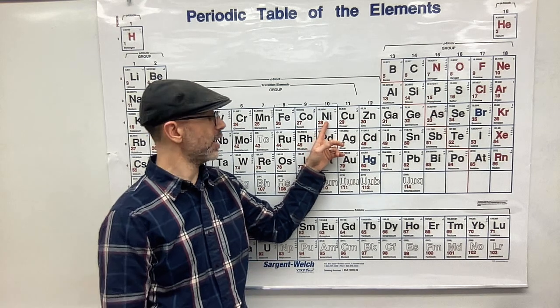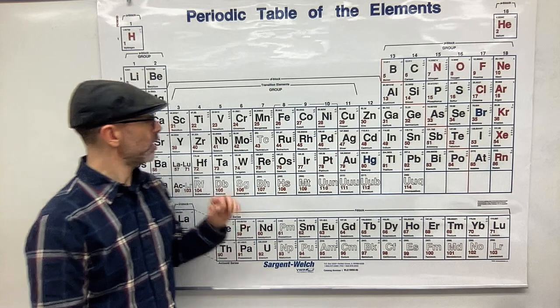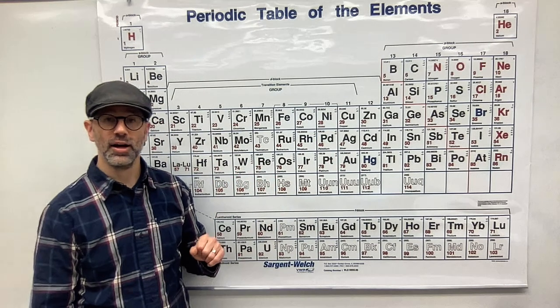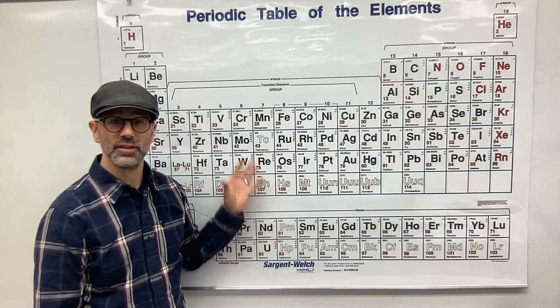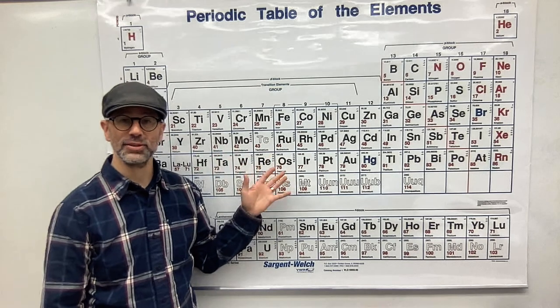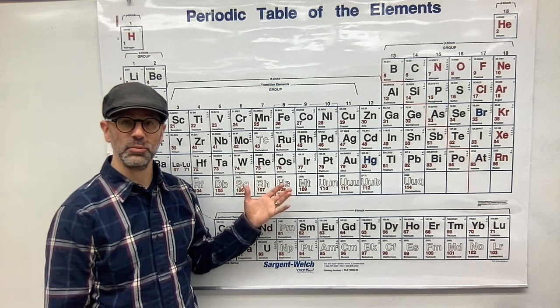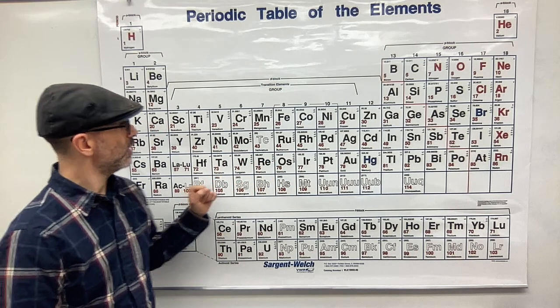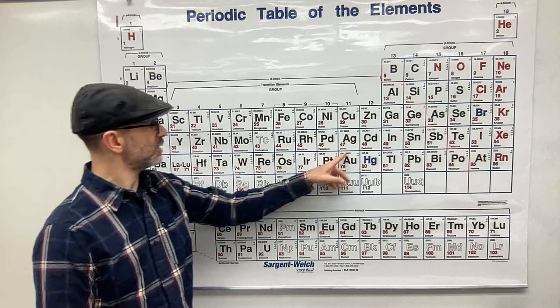Now, one of the things about symbols and names that you'll run across pretty early on when you start studying the periodic table is you'll notice that the symbols don't make sense with regard to the name, right? So, for example, you'll have, let's see, silver.